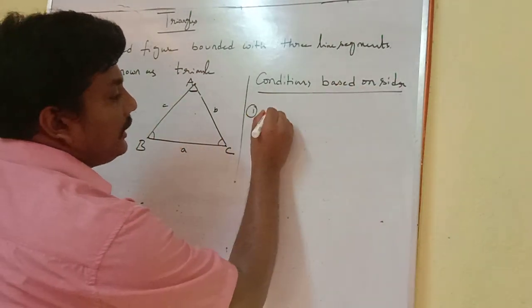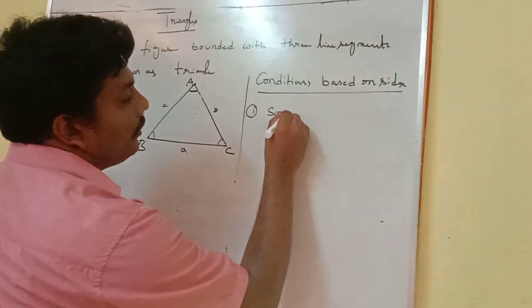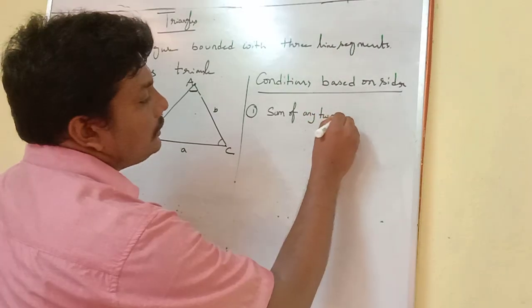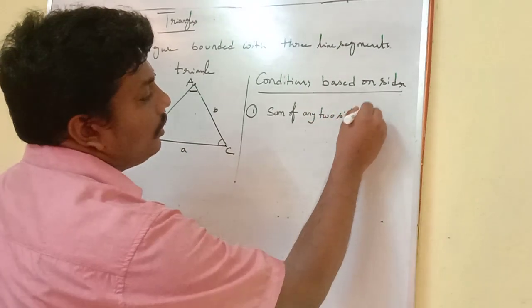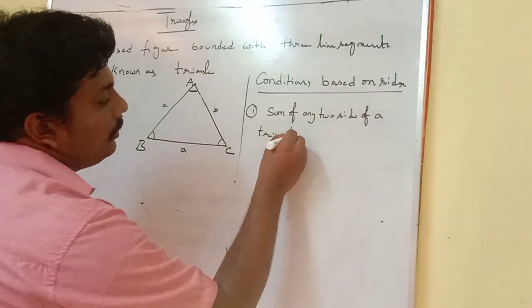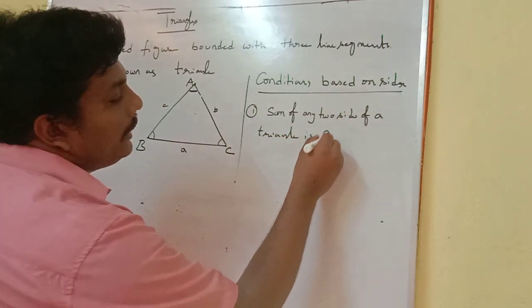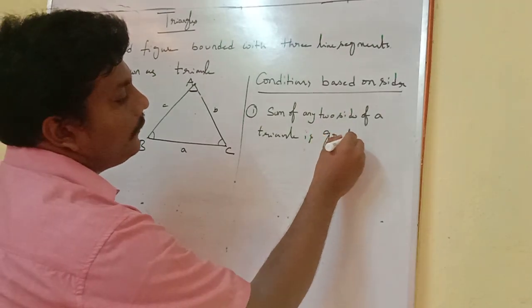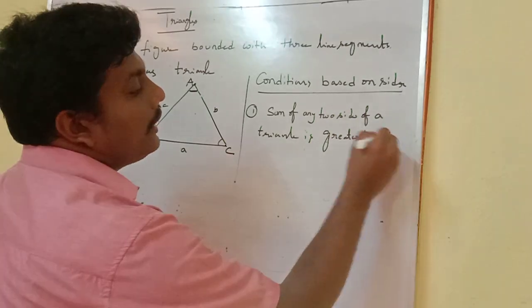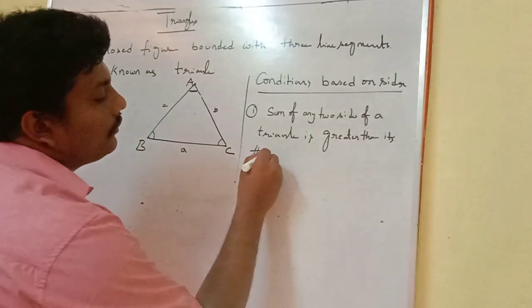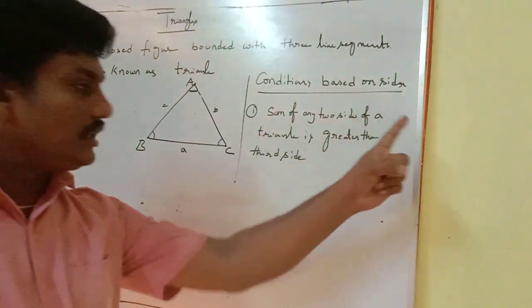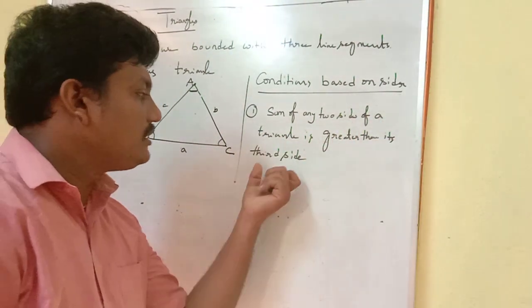Sum of any two sides of a triangle is greater than its third side.